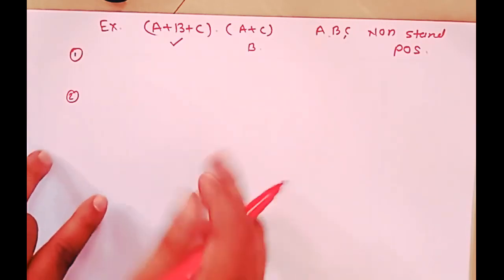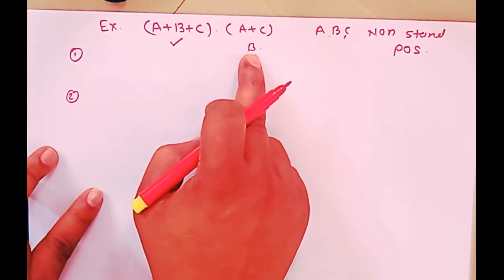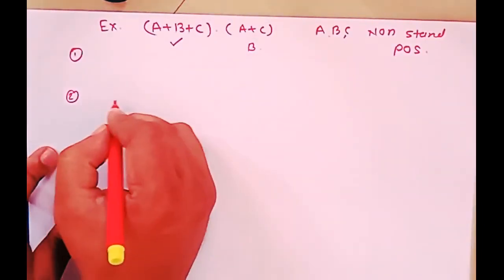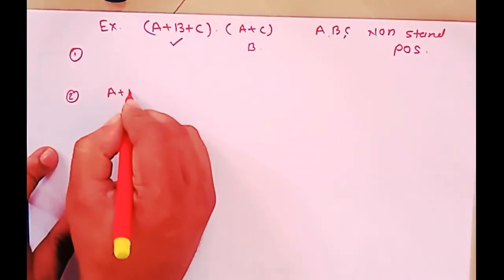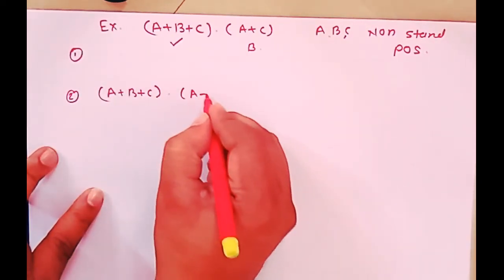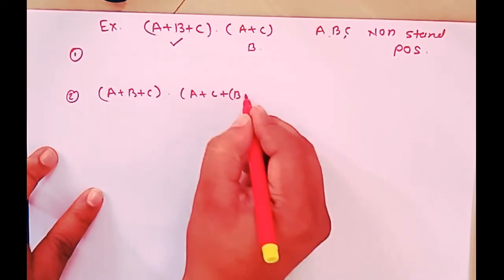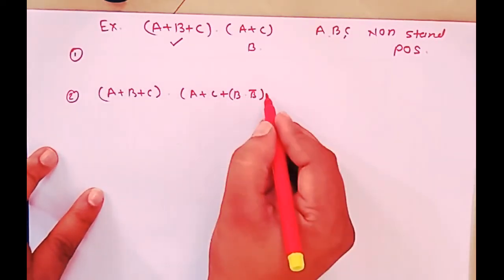The second step is to add to the sum term the term formed by the multiplication of the missing literal and its complement. So here we will write (a plus b plus c) into (a plus c plus b dot b bar).